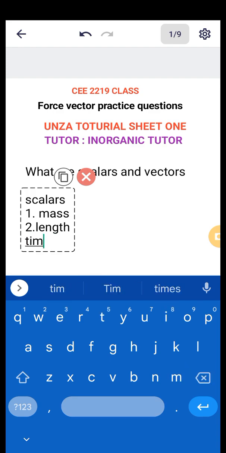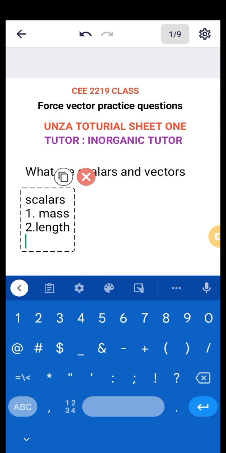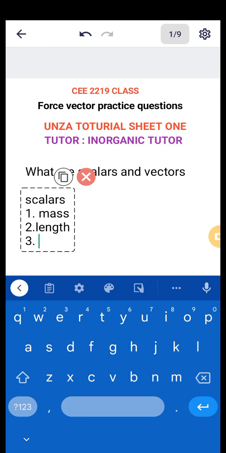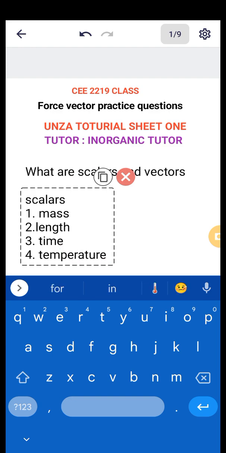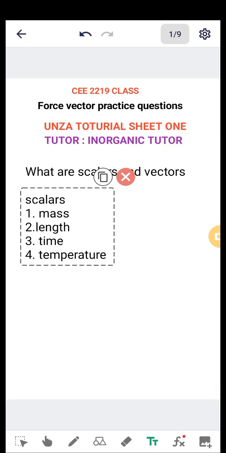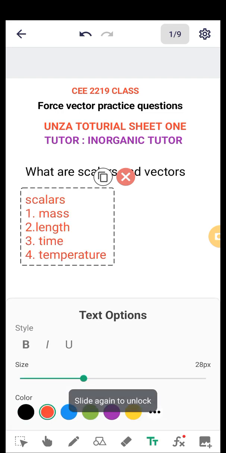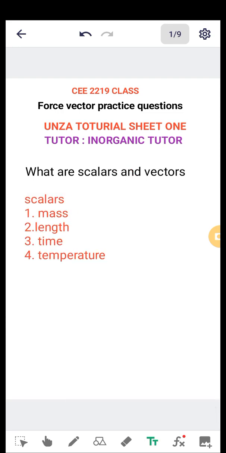All those things which have no direction. Let me end on four, which I can say temperature. So these are what we call scalars.